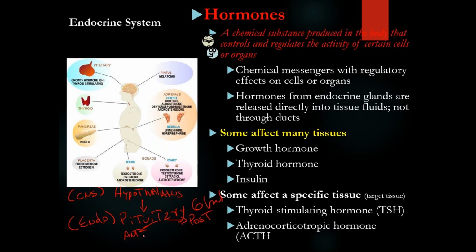The anterior has the growth hormone, the prolactin, the TSH, the thyroid stimulating hormone, the ACTH, the adrenocorticotropic hormone, the LH, the luteinizing hormone, and the FSH, the follicle stimulating hormone. And the posterior, we have the oxytocin and the ADH.